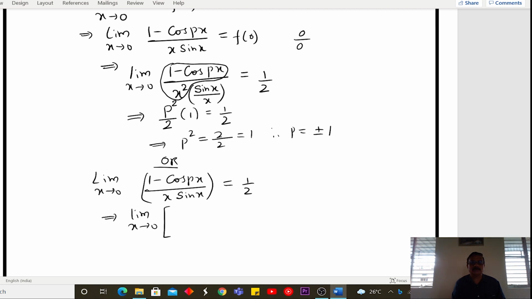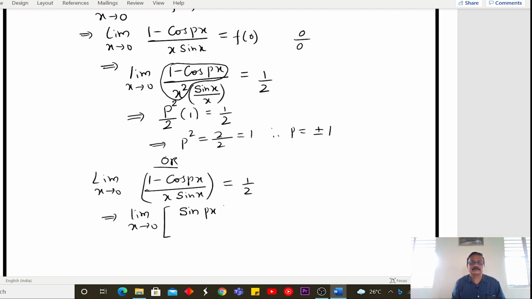So derivative of 1 is 0, derivative of minus cos px is minus sin px, minus into minus plus sin px into derivative of px is p, divided by derivative of x sin x, here product of two functions. First function as it is x, derivative of sin x is cos x, plus second function as it is sin x into derivative of x is 1, is equal to 1 by 2.